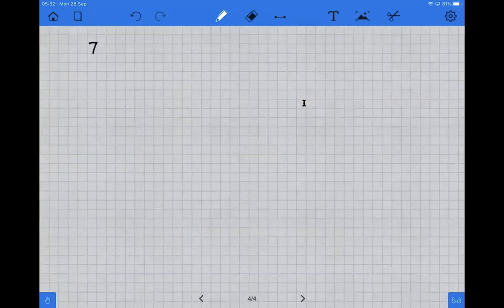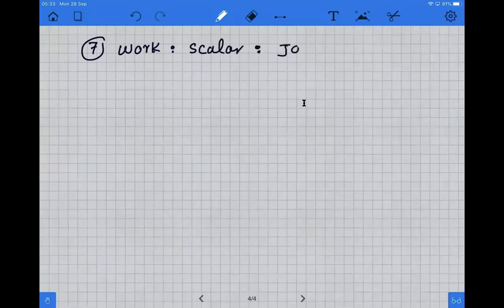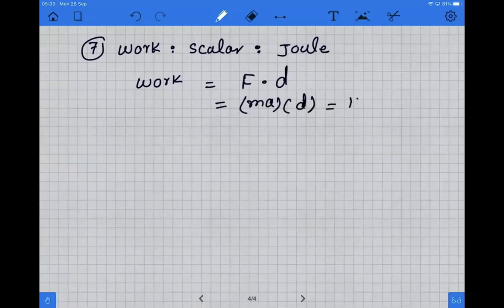Number 7 that we have to cover is work. Now work is a scalar. Unit of work that we find is joule, and base unit of work will be work is equal to force into distance, MA into distance, that would become kilogram meter second minus 2 into meter.